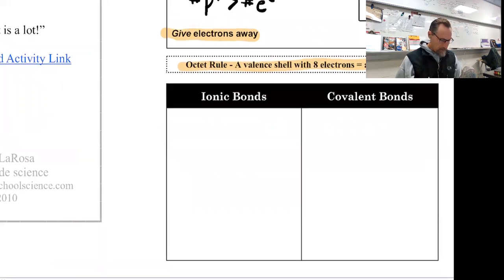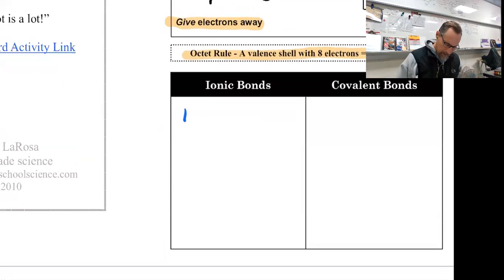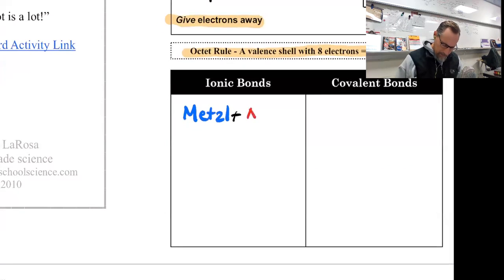And so we had talked about, an ionic bond is a metal bonded to a nonmetal. And the way that they do that is they will transfer an electron. And so we use an arrow to show that.